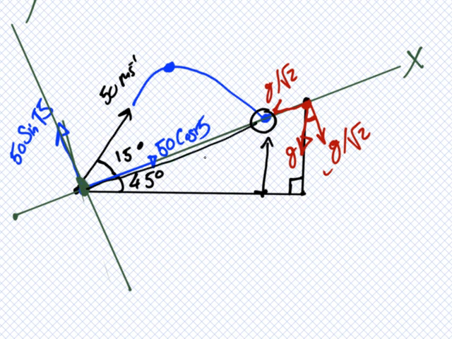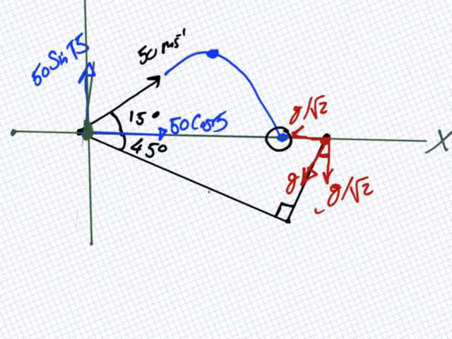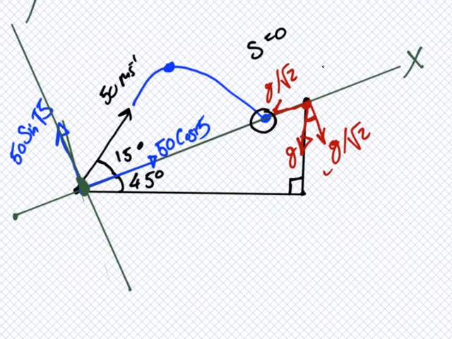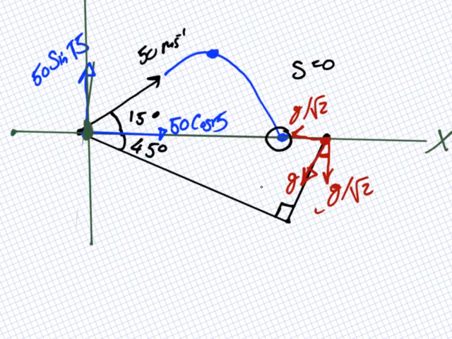But I don't know anything here. Instead, if I make this the x-axis, then now I can say s equals 0 here. But if I put the x-axis here, the s is definitely not 0, in something I don't know. So this is the motivation for it. It lets me do the problem like I was doing it a moment ago.